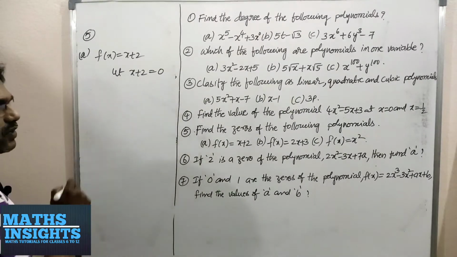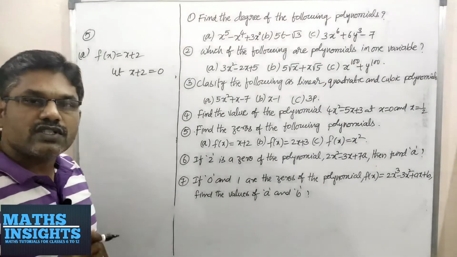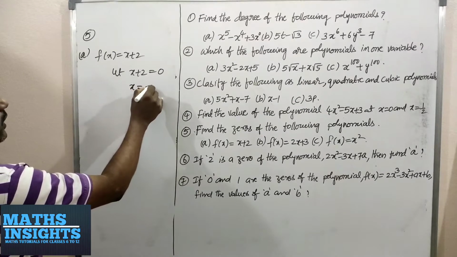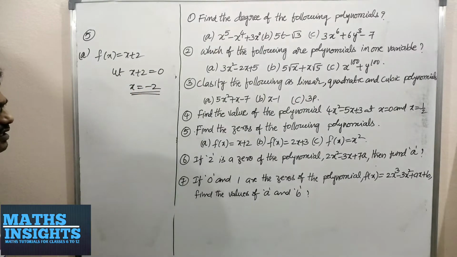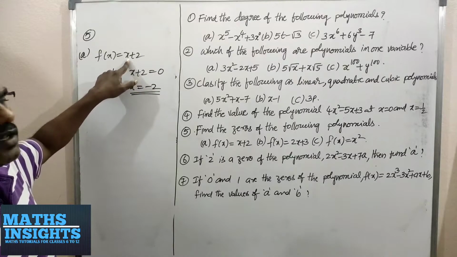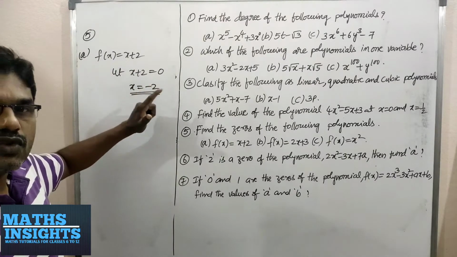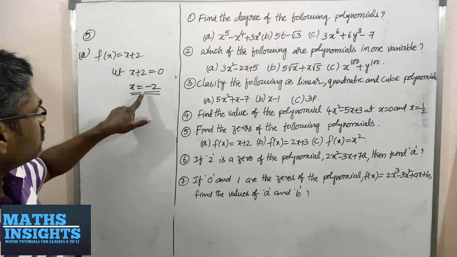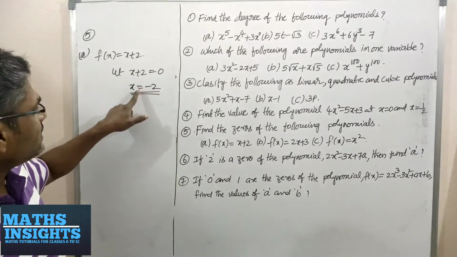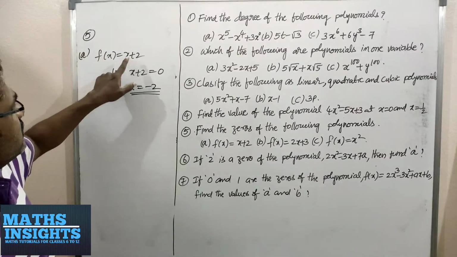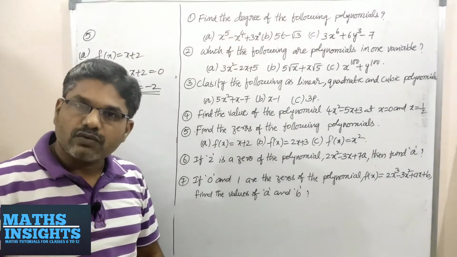Therefore, if x plus 2 should be 0, then what is x? x is equal to minus 2. That means if you put x equal to minus 2 in this polynomial, you will get 0 as the value of this given polynomial. That's why you will say that x equal to minus 2 is the zero of the polynomial f of x equal to x plus 2.